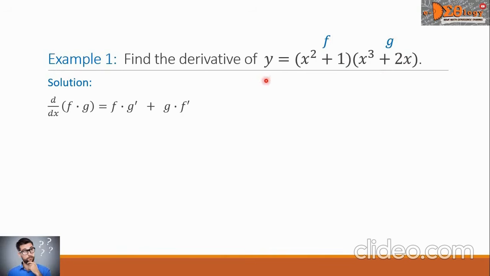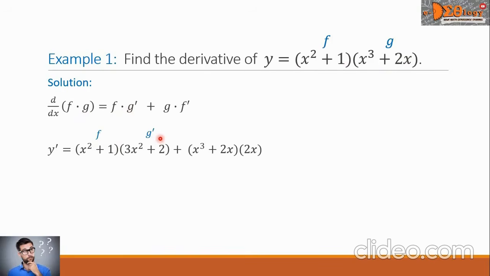And for the derivative of this y, we will have y prime equals, we copy the f or the first function, that is x squared plus 1, multiplied by the derivative of the second function.